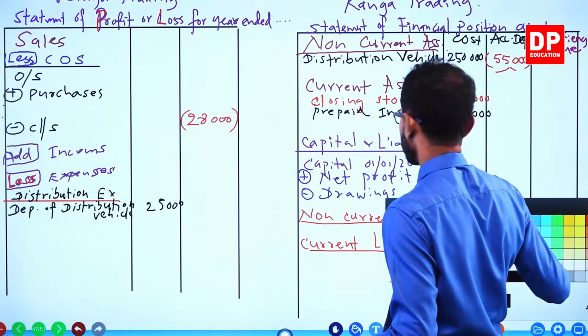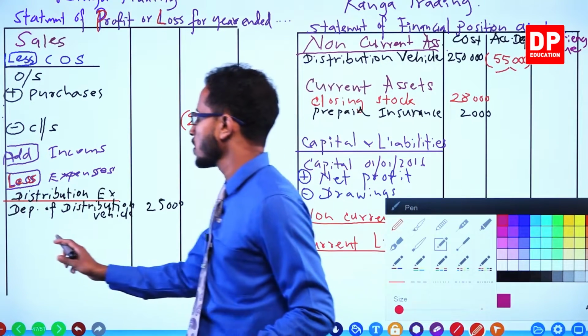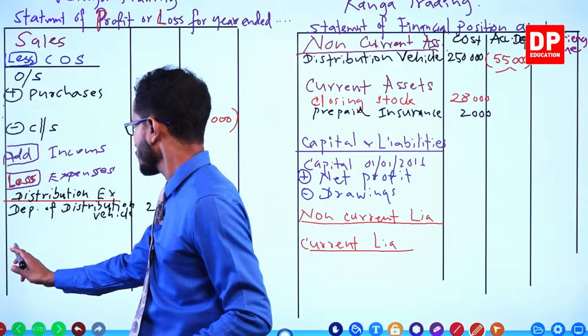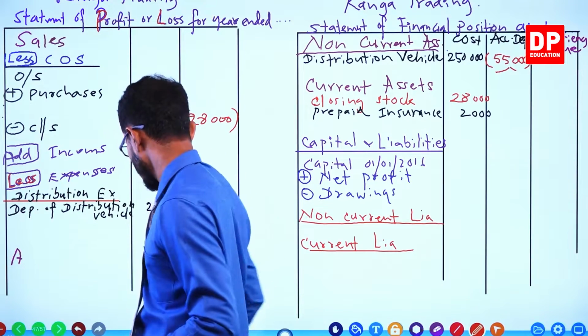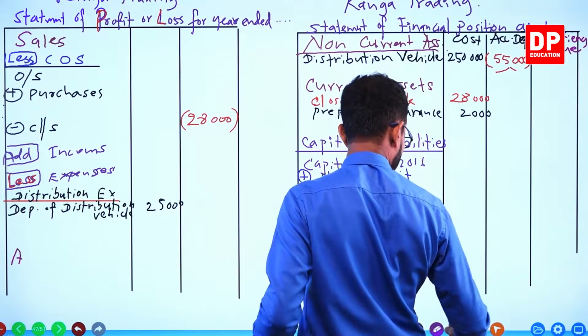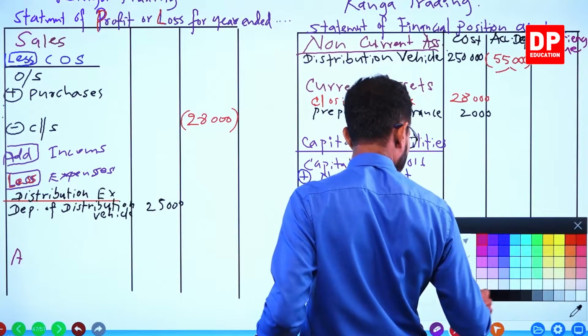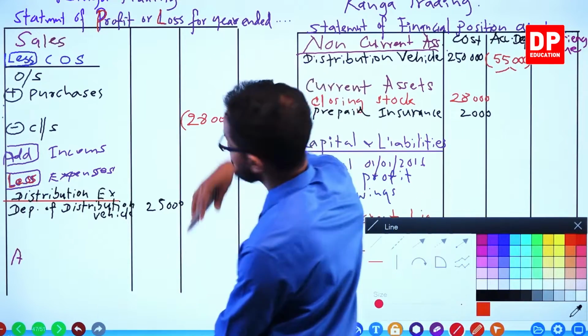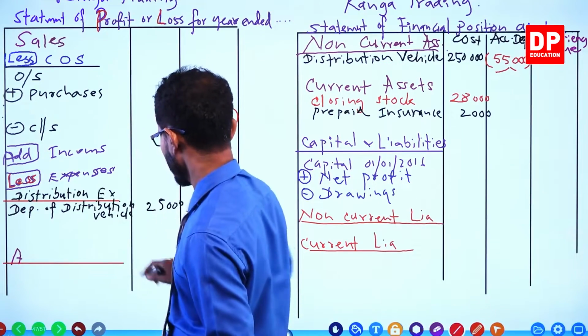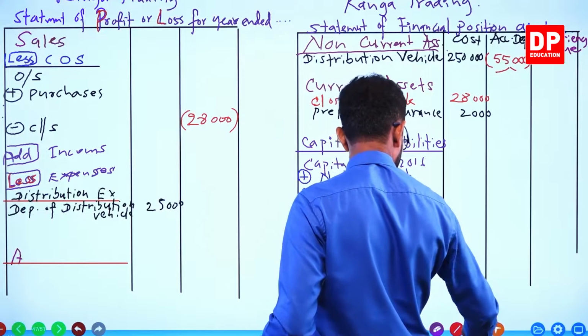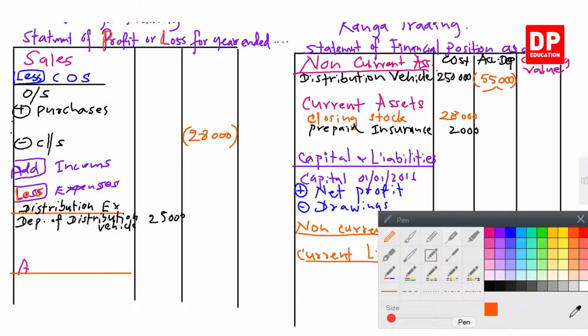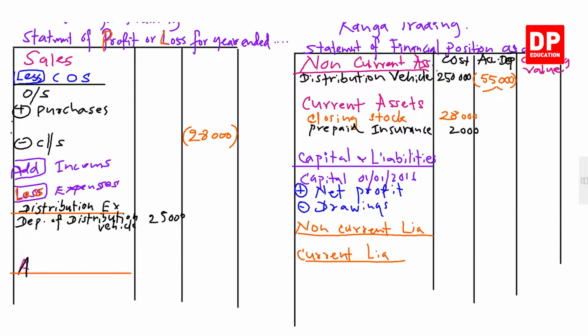What expenses, children? Admin expenses. Administration expenses. First of all, let's draw a line, otherwise my handwriting is gonna go from here to there. Now we can write administration expenses. Short form, I'll write admin expenses, okay?